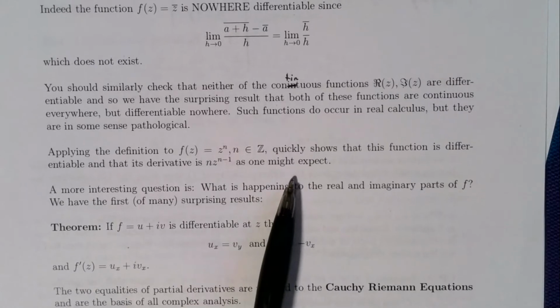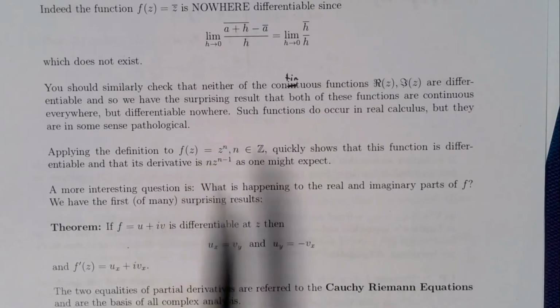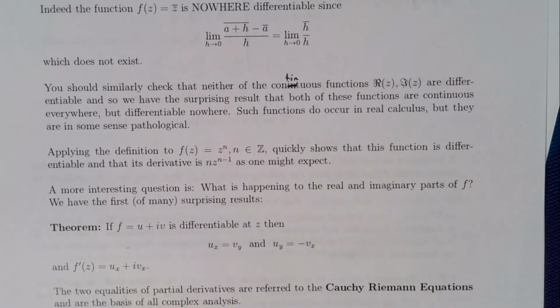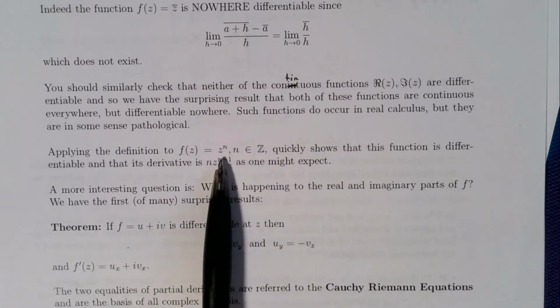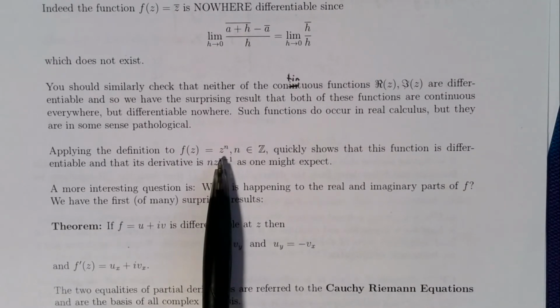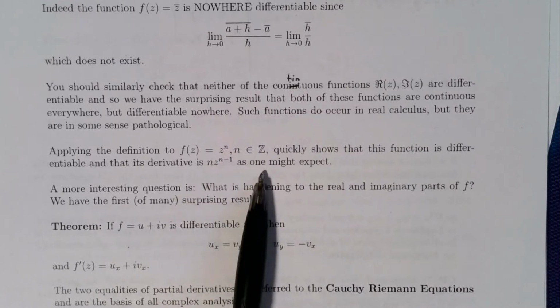So this is very useful because we see also that if you've got two differentiable functions, then their sum, difference, product and quotient are differentiable, provided you're not dividing by 0. And that's going to tell us that polynomials in z are differentiable everywhere, and rational functions in z are differentiable where the denominator is nonzero, which is nice.